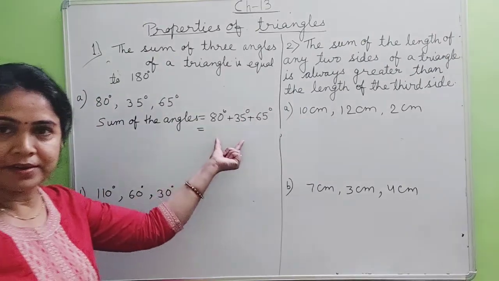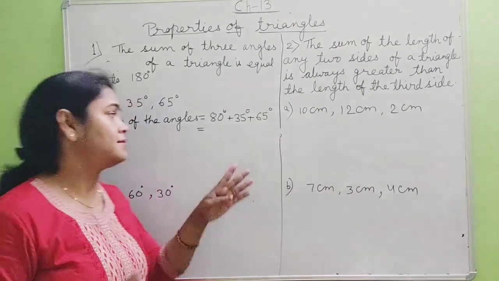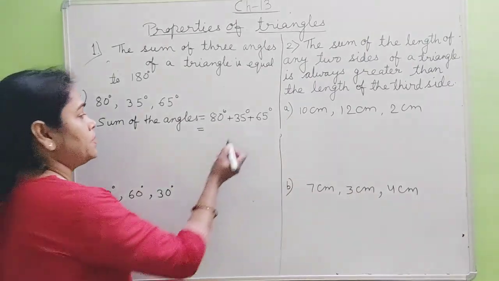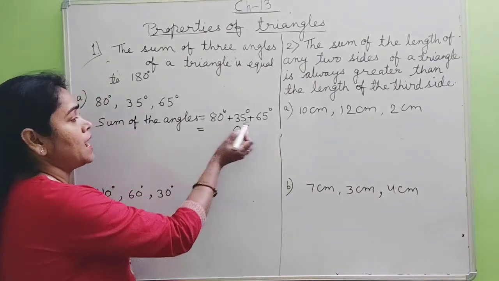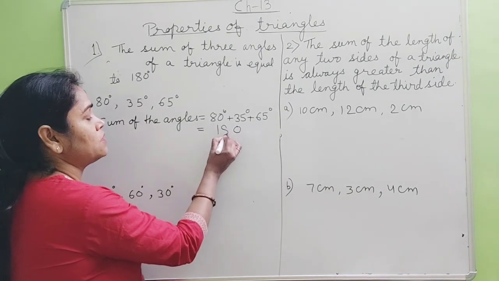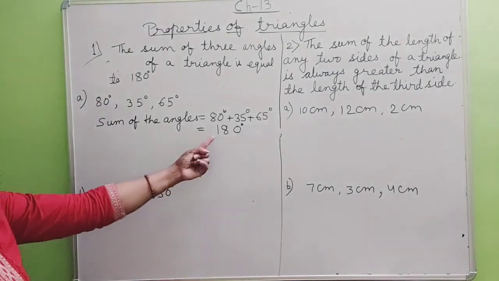I am adding it directly here; you can add it in the rough column or somewhere else. 5 and 5 is 10 and 0. It is 10, so 1 carry, and 6, 1, 7, 8, 9, 10. 10 plus 8, 18. So the sum is 180 degrees.